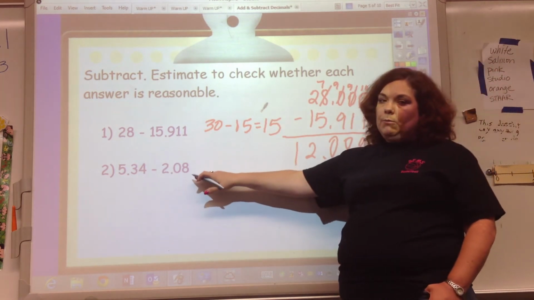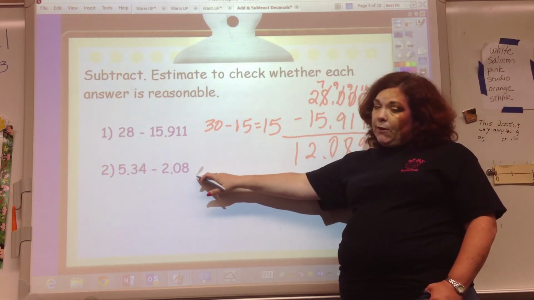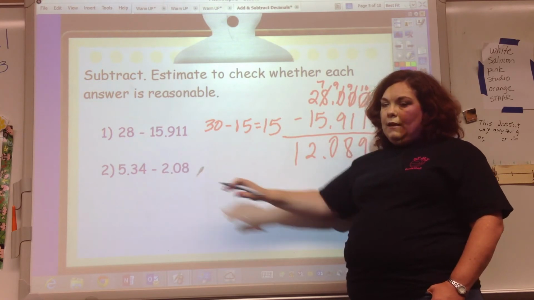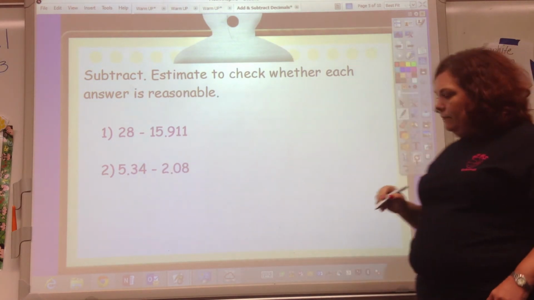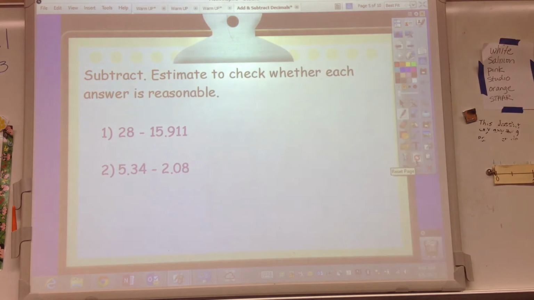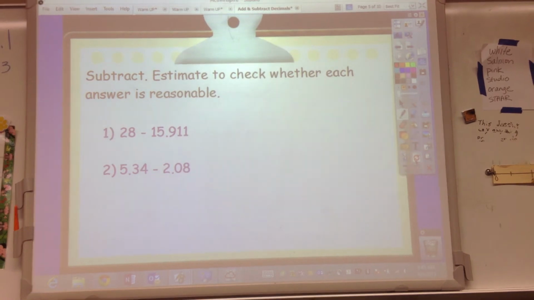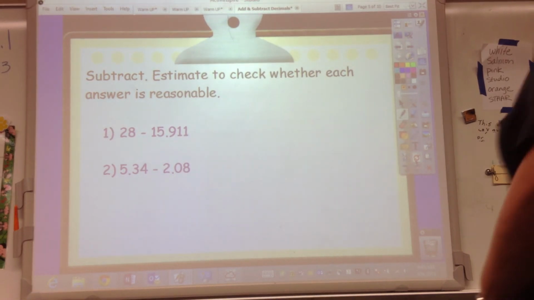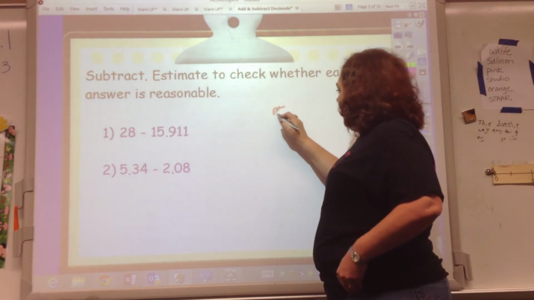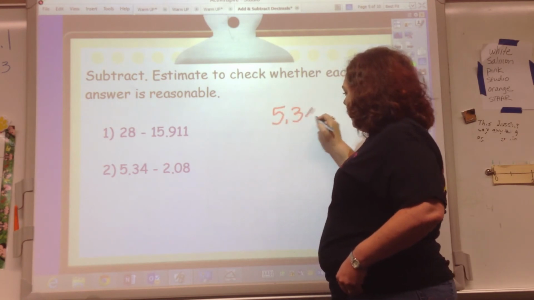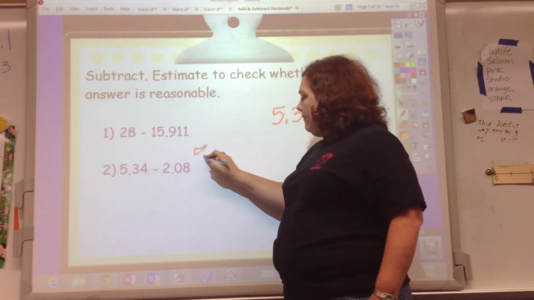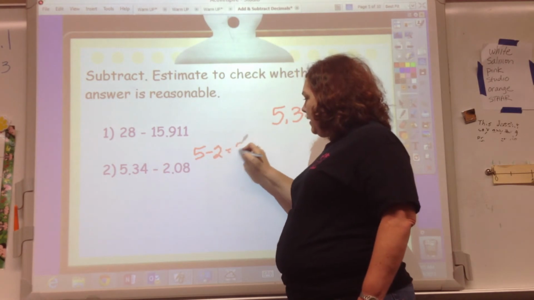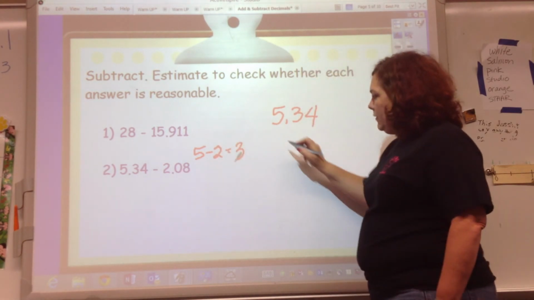Now do this problem, and make sure you estimate first, do the problem, and then come back. Okay, so we've got 5 and 34/100. First let's estimate: 5 minus 2 equals 3. Let's see if we come up with close to 3.